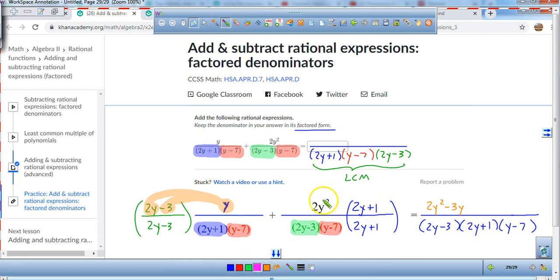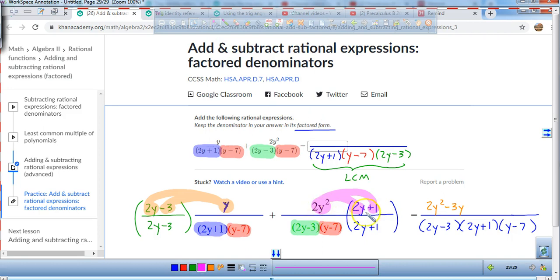Then we have 2y squared, multiplying that to a 2y, then 2y squared multiplying it to a 1. 2y squared times 2y is a total of positive 4y cubed, and 2y squared times 1 is 2y squared.